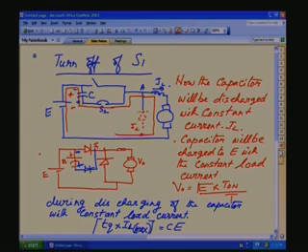So, this is the equation. From this, TQ, the time required for the capacitor to discharge fully from E to 0 voltage, is equal to CE divided by IL.